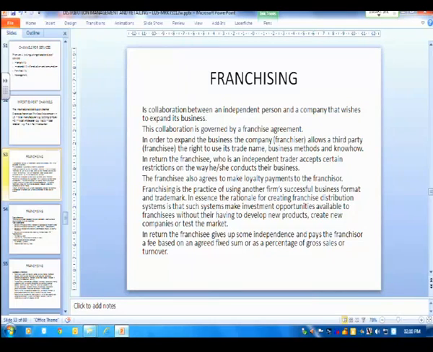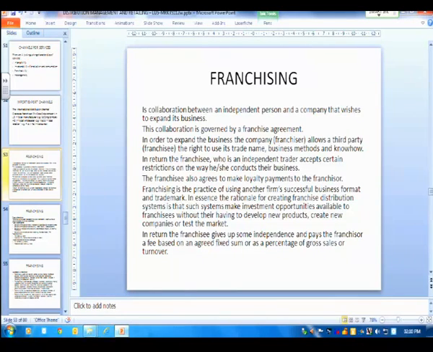In essence, the rationale for creating franchise distribution systems is that such systems make investment opportunities available to franchisees without their having to develop new products, create new companies, or test the market.